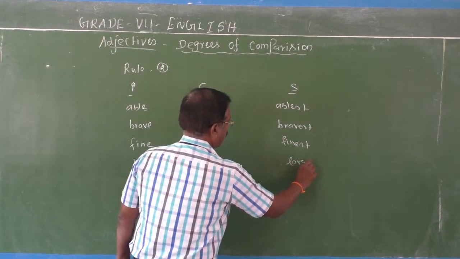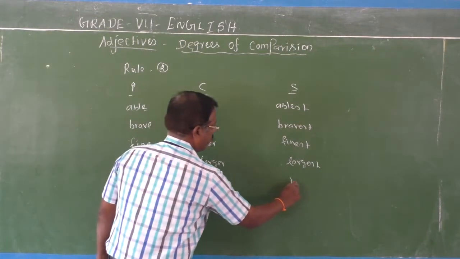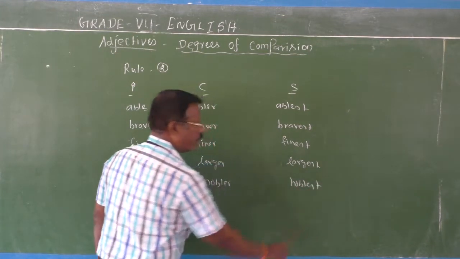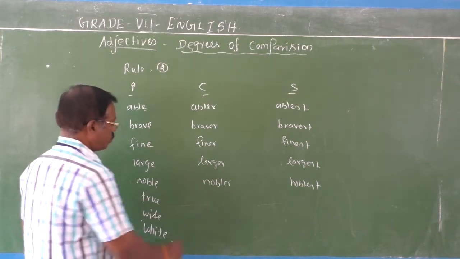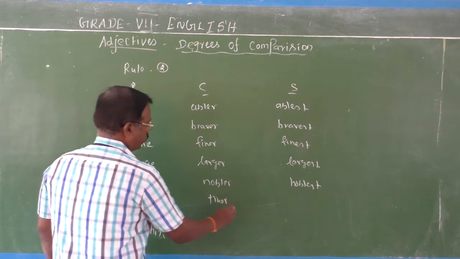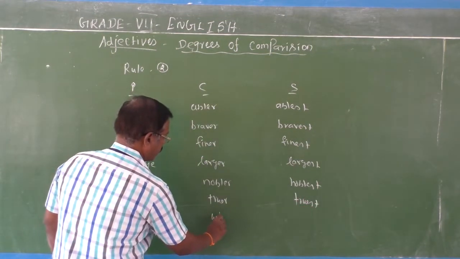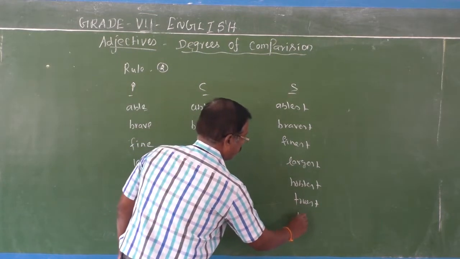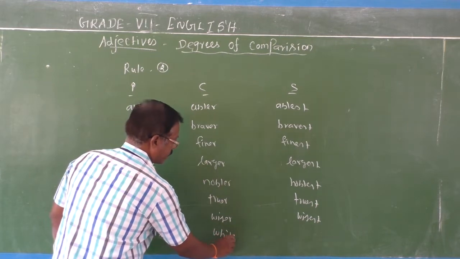Noble, nobler, noblest. And then see true, truer, truest. Wise, wiser, wisest. White, whiter, whitest.